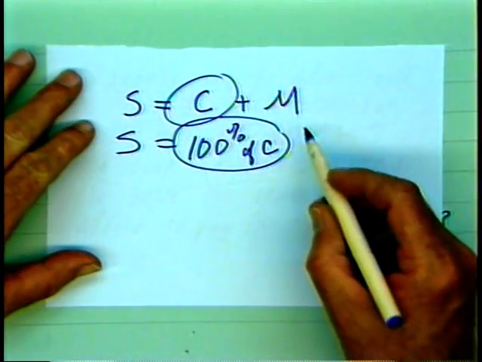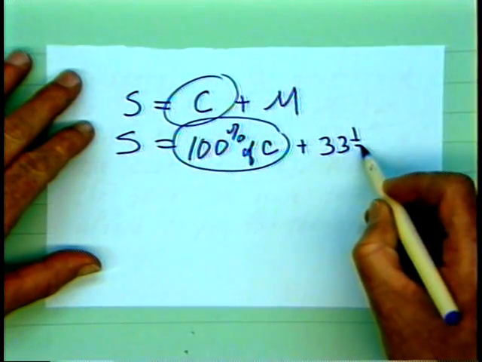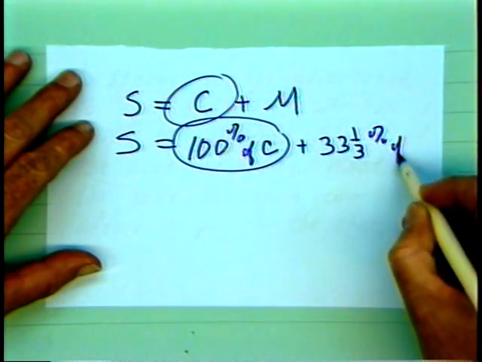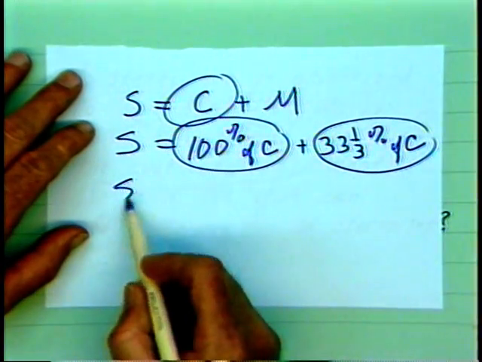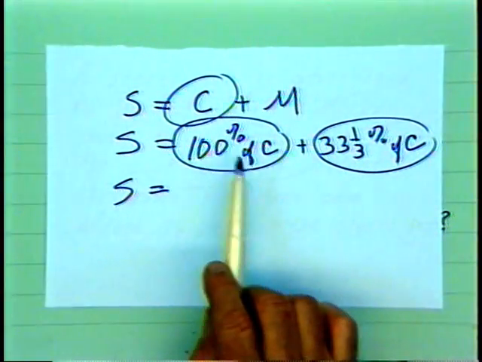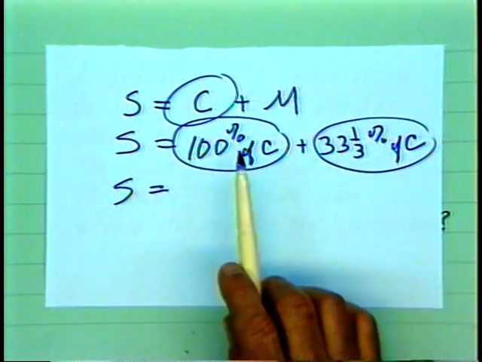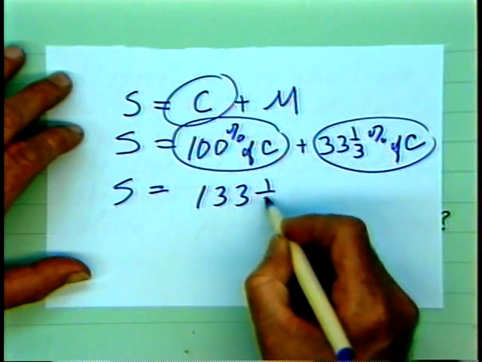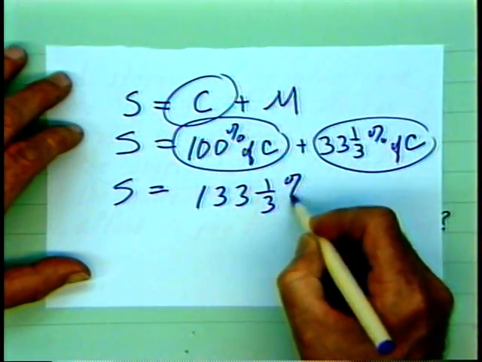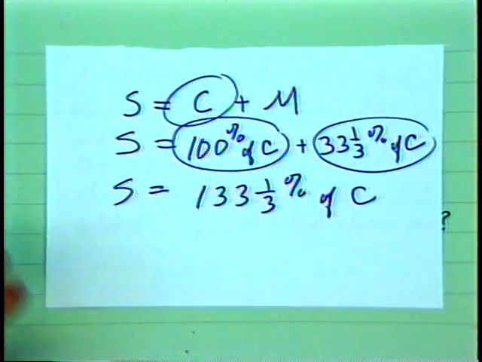And if it occurred that the markup was 33 1/3% of the cost, then we have 100% of cost plus another 33 1/3% of cost, which now becomes 133 1/3% of cost.